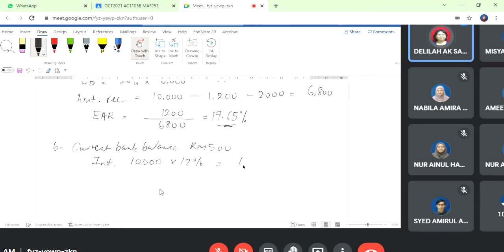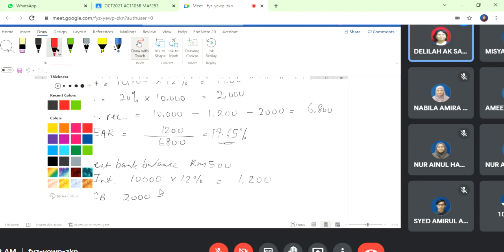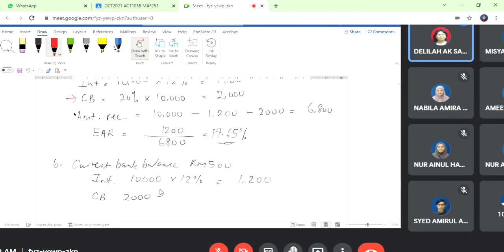So interest masih sama 1,200. What changes is the compensating balance that you are required to put or take out from your loan. So it's still 2,000 ringgit, sama macam ke atas tu. Okay, 20% of the amount borrowed.